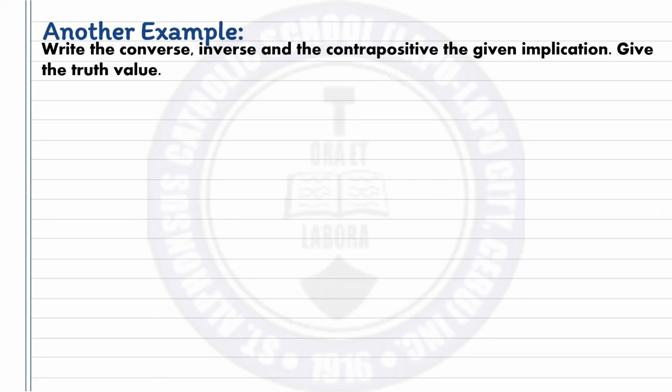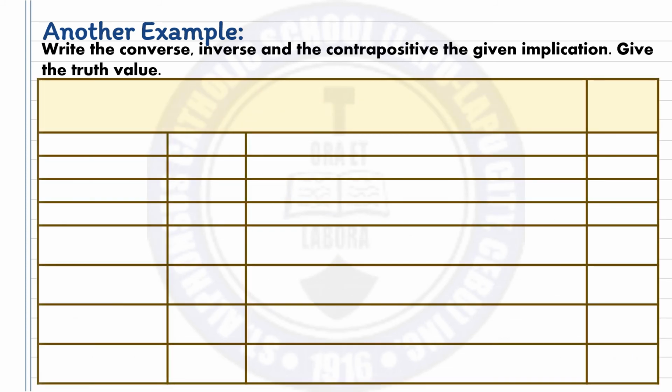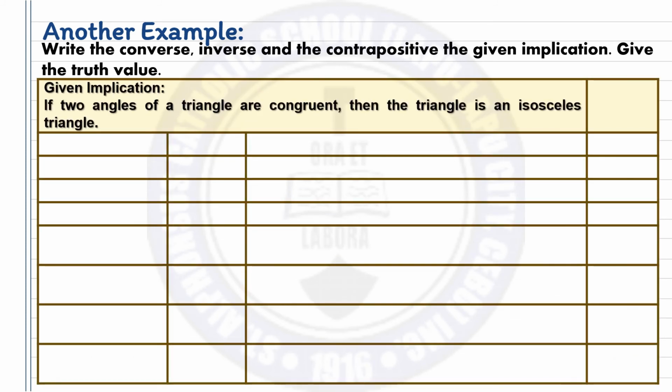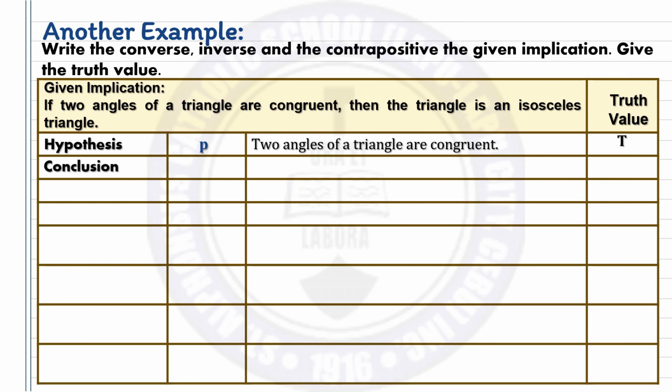Another example, let's determine the converse, the inverse, and the contrapositive of the given implication, and let's determine the truth value. So, if two angles of a triangle are congruent, then the triangle is an isosceles triangle. In our truth value, our hypothesis P here is two angles of a triangle are congruent. Then our conclusion, Q, is the triangle is an isosceles triangle, and it is also true.